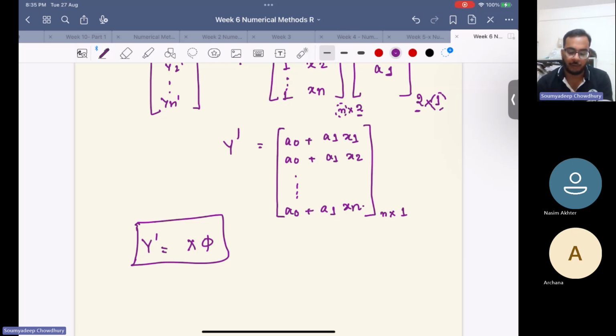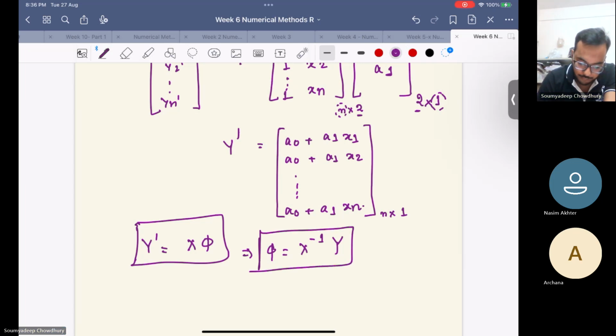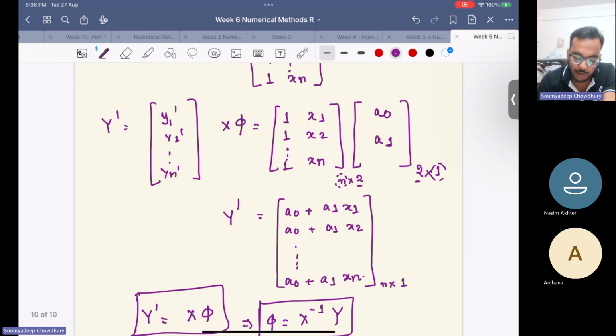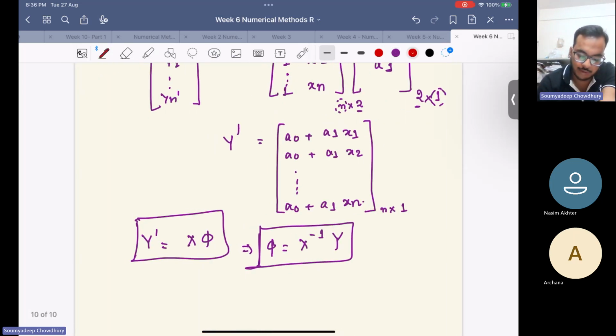But you have to remember one thing. Normally if we do it, we will get phi equal to x inverse y, right? But this is not correct because you cannot find the inverse of this n cross 2 matrix. To find an inverse, it has to be a square matrix, right? So just remember this, directly from here you cannot find it.